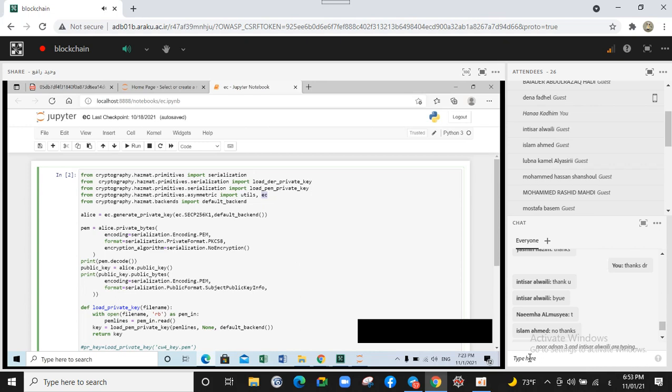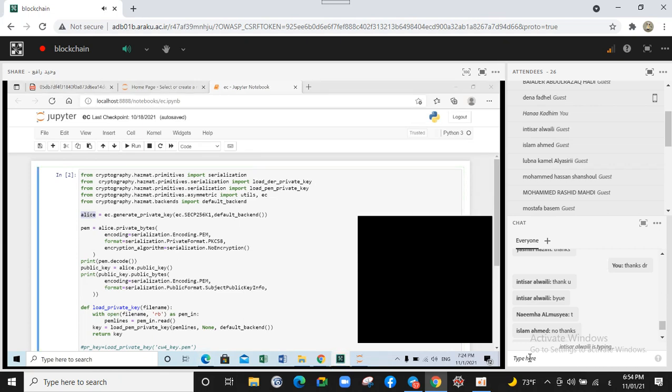Okay. Using this command, ec dot, simply you can create a private key. Alice is now an object, a private key object, which is generated using the elliptic curve.